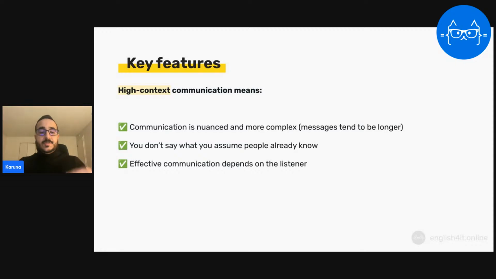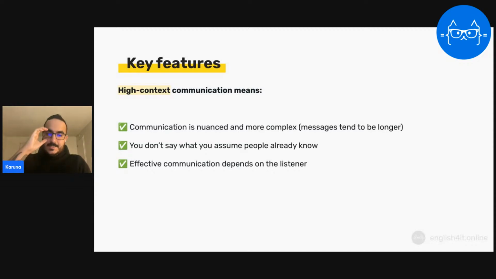In high context communication, again, to recap, it's more nuanced, more complex. There's a lot more formality around it. You don't say what you assume people already know, and this can be dangerous, right? Because there's this feeling of hierarchy, right? If you say something that you think the boss already knows, that can be seen as you thinking that he doesn't know what he's talking about, or that he or she is not a very good boss, right?